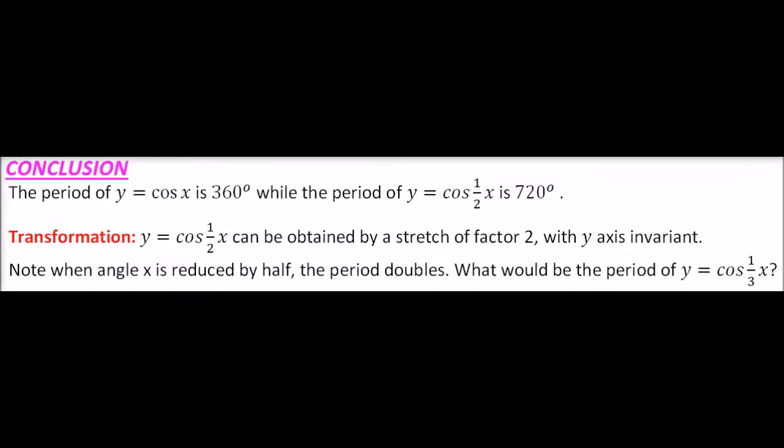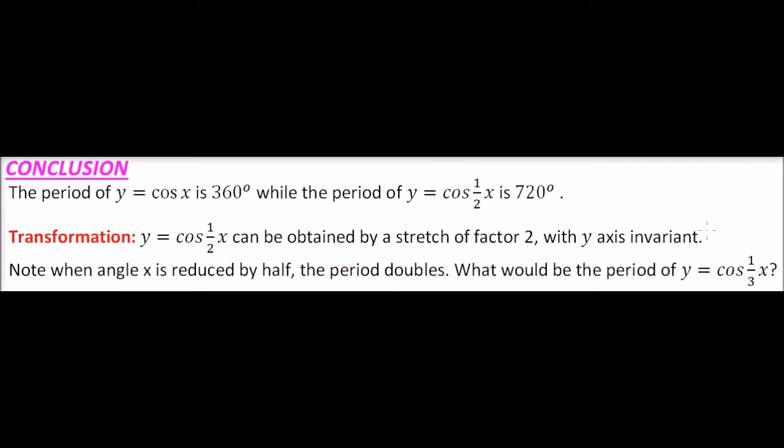So in conclusion, the period of y equals cos x is 360, while the period of y equals cos a half x is 720. We can describe this transformation: y equals cos a half x can be obtained by a stretch of factor 2 with the y-axis invariant. So note, when the angle is reduced by a half, the period doubles.